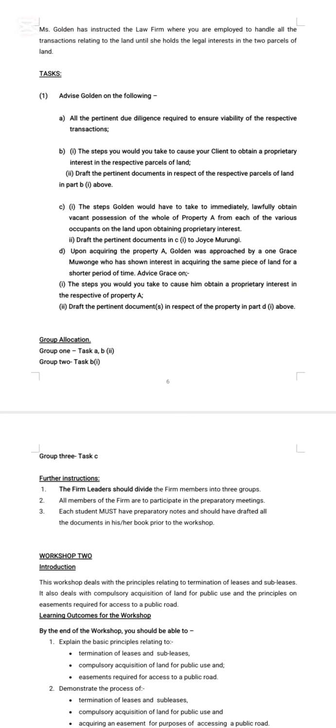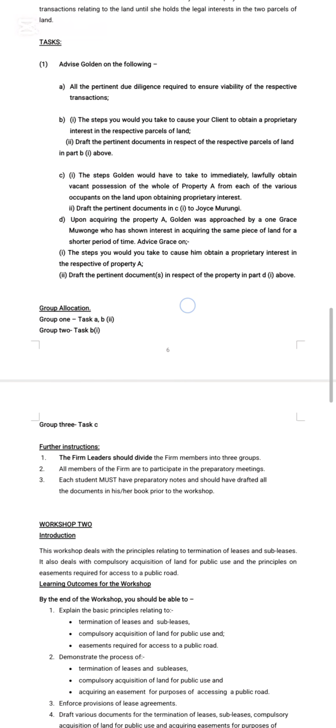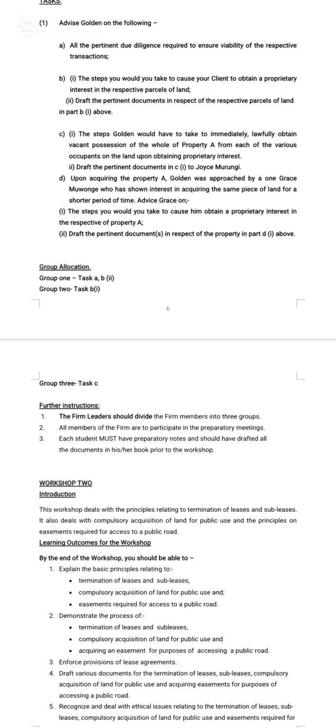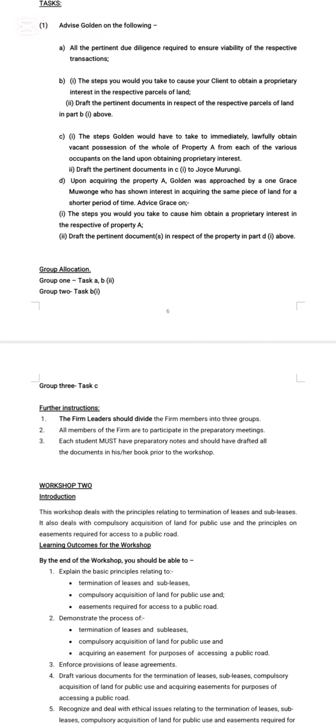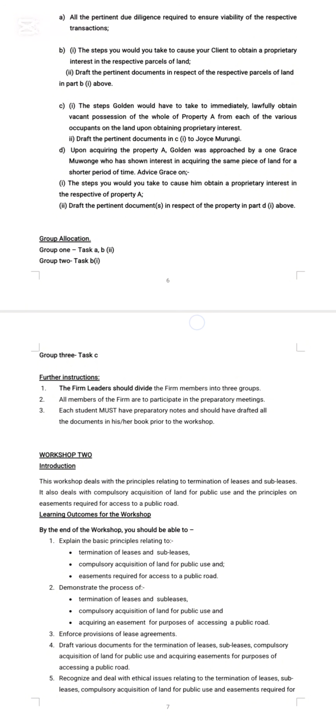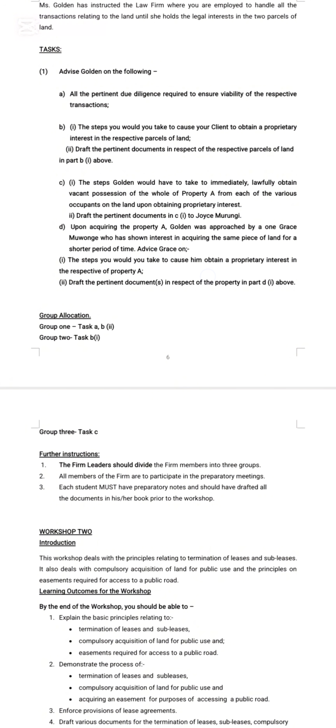The steps Gordon will take to immediately obtain vacant possession of the whole property from each of the various occupants on the land upon obtaining proprietary interest. So basically, we have to look at all these types of tenants. We have periodic tenants, who are the ones paying rents. We have licensees. All those ones, you have to serve them notices and then proceed.